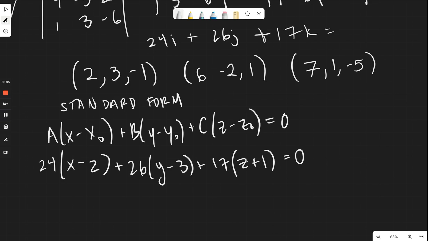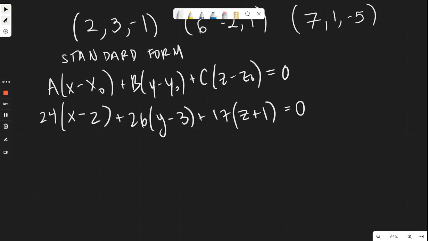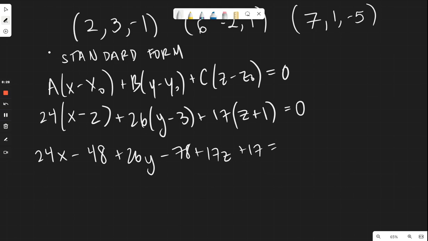So now, as you can see, this actually means something, because this will equal 0. When we expand this out, we get 24x minus 48 plus 26y minus 78 plus 17z plus 17 equals 0.